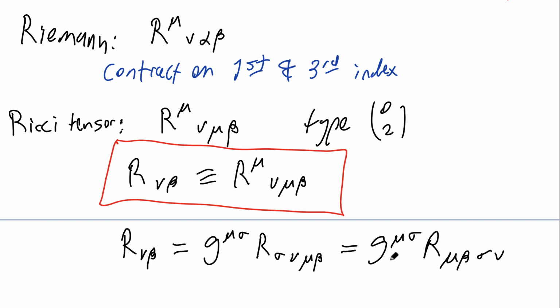And this factor of g mu sigma raises the first index and wires it with the third index. So this is R mu beta mu nu. But of course, by definition, this is just the Ricci tensor R beta nu. So what you see I've proved here is that the Ricci tensor is actually symmetric. It's a symmetric tensor.